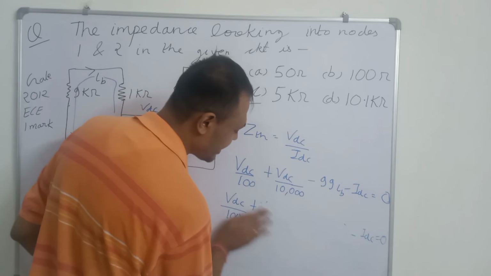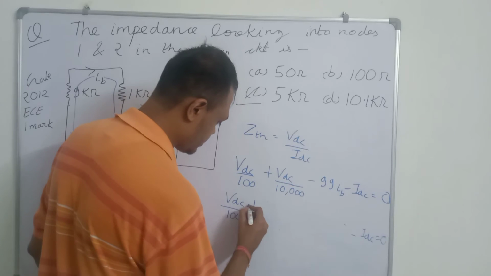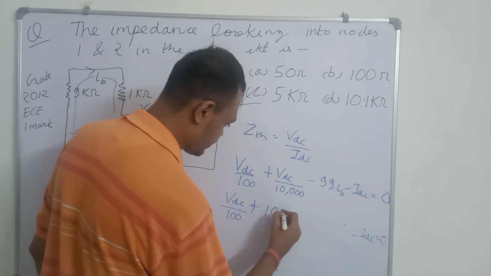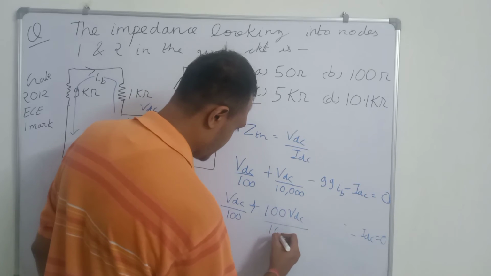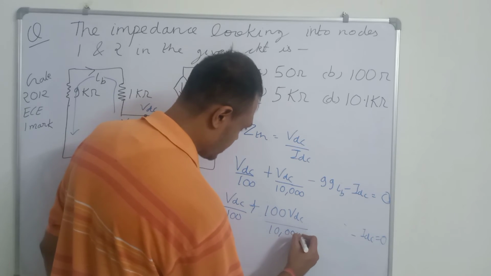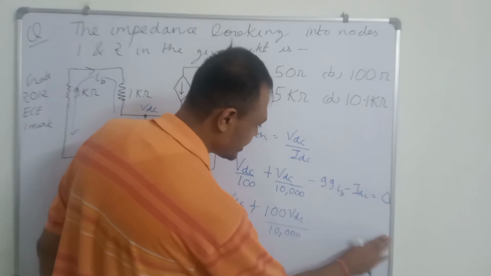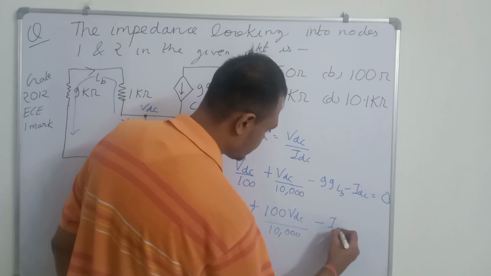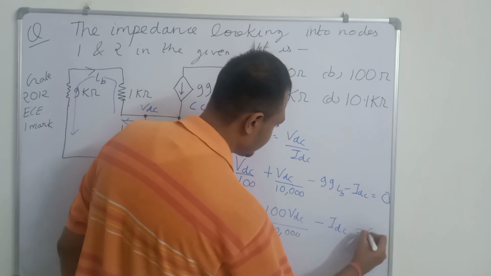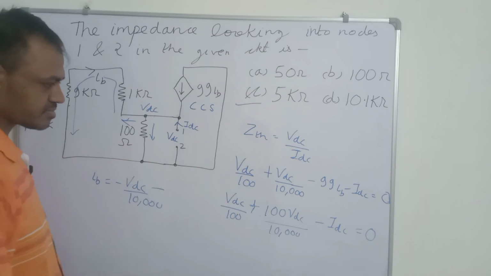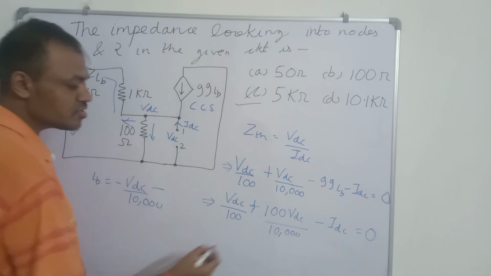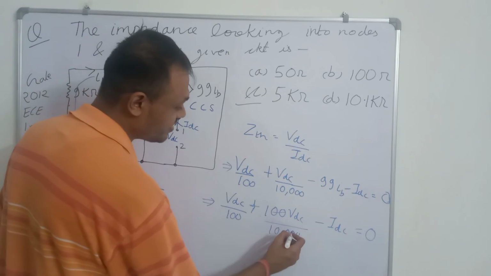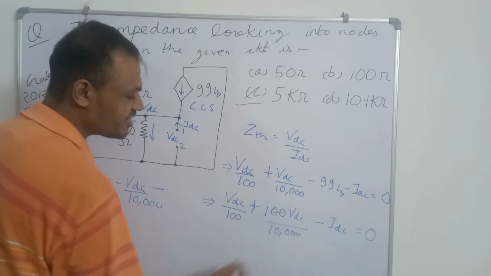So we can write that here: minus IDC equal to 0. Here the 100 will cancel, so again it will become VDC upon 100.